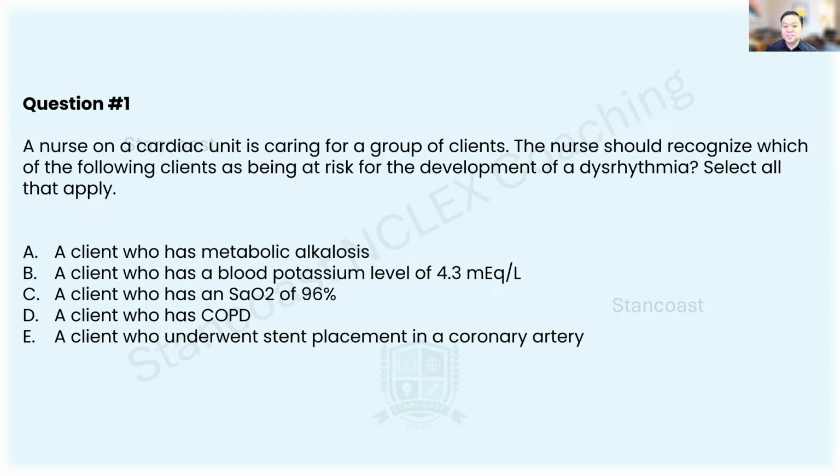A, a client who has metabolic alkalosis; B, a client who has a blood potassium level of 4.3; C, a client who has an oxygen saturation of 96; D, a client who has COPD; E, a client who underwent stent placement in a coronary artery.